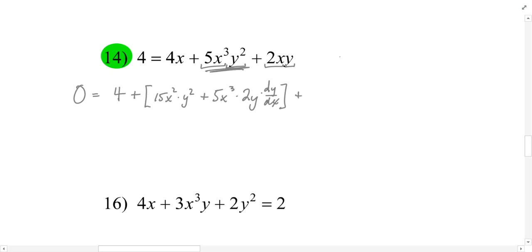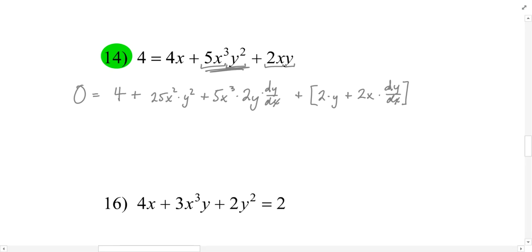Similarly, this last term requires the product rule, so we'll take the derivative of 2x, which is 2, and multiply it by the second function, untouched. We'll add the first function, untouched, times the derivative of the second, dy dx.